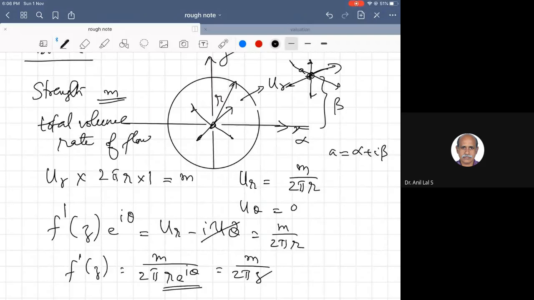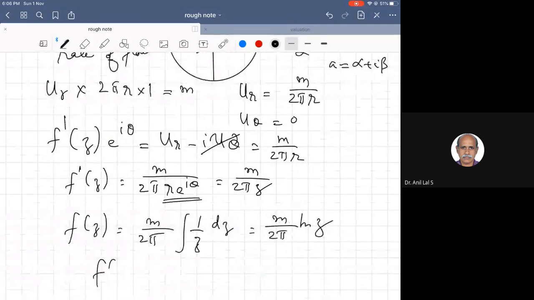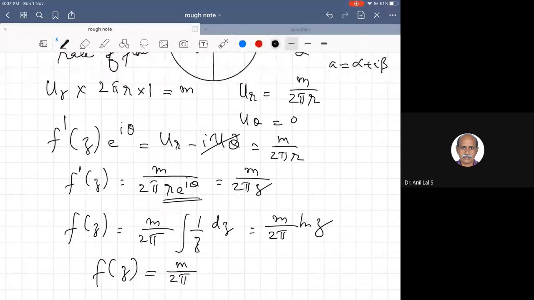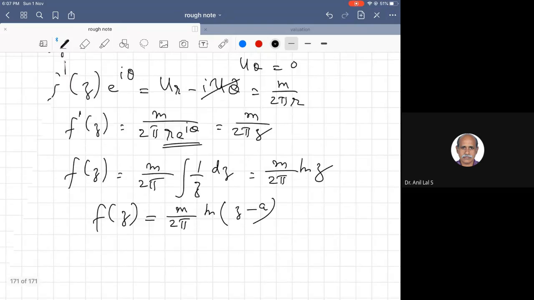So the origin will be shifted to this point, so that we can write f for a source with center placed at an arbitrary different point A as m by 2 pi logarithm of z minus A.